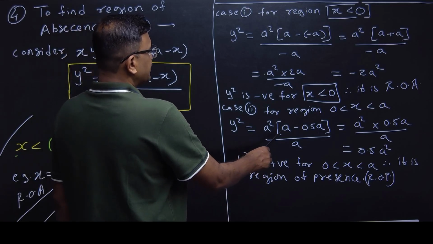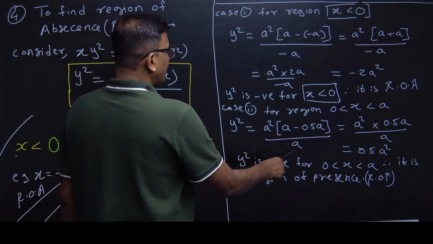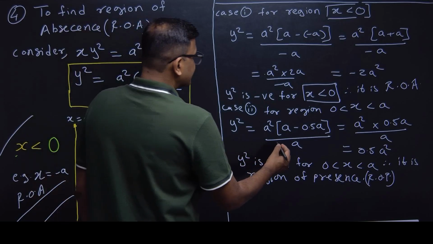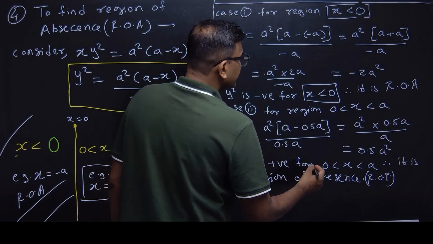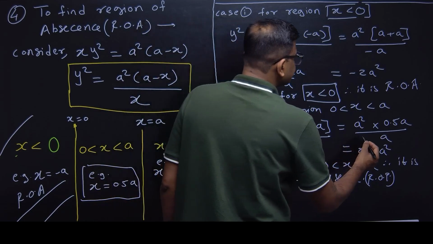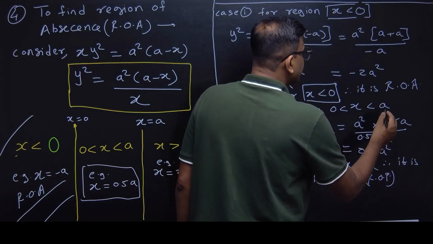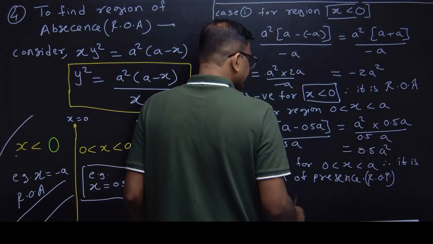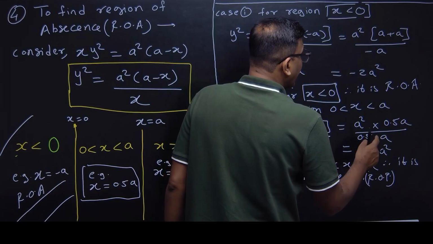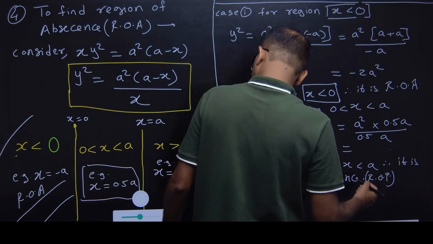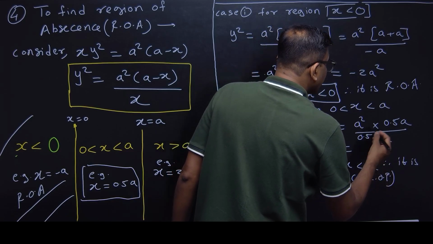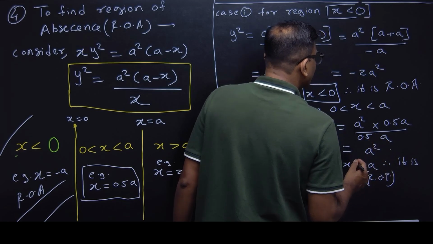This becomes a square into a minus 0.5a upon, in place of x, I am substituting 0.5a. So you'll find that 0.5 gets cancelled and a gets cancelled. When a gets cancelled, what we get is a square.